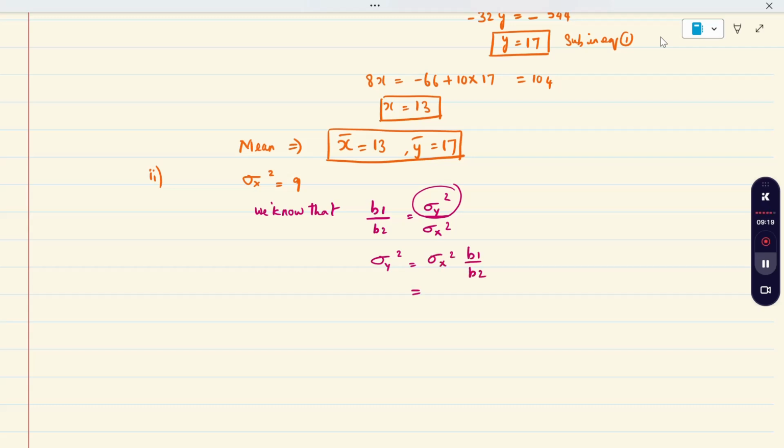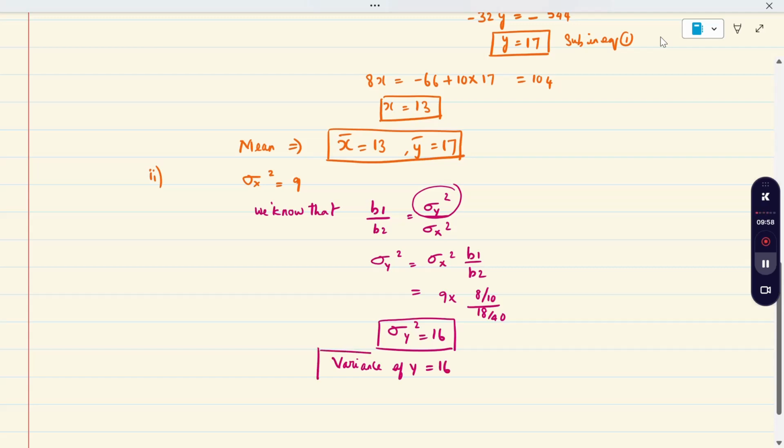Sigma x squared is 9, into b1, which we already calculated as 8 by 10, into b2, which is 18 by 40. So multiply and cancel it. So sigma y squared I'm getting to be 16. So the variance of y is 16. So completed. Thank you.